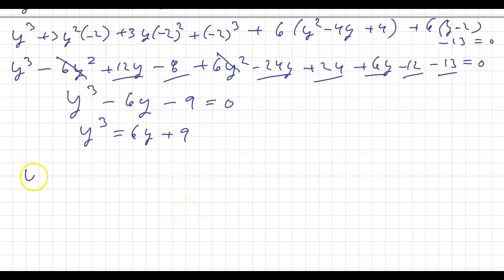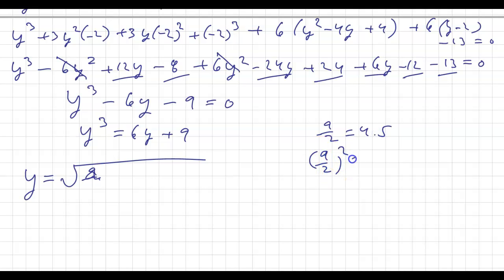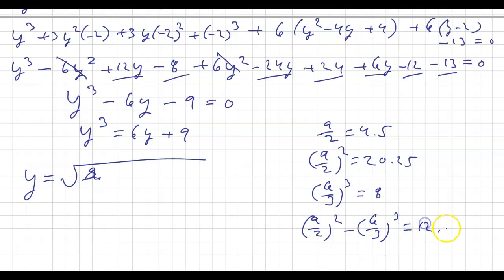And then if I run this through the Cardano formula, so 9 over 2 is 4.5. 9 over 2 squared is 20.25. 6 over 3 cubed is 8. So 9 over 2 squared minus 6 over 3 cubed is 12.25.